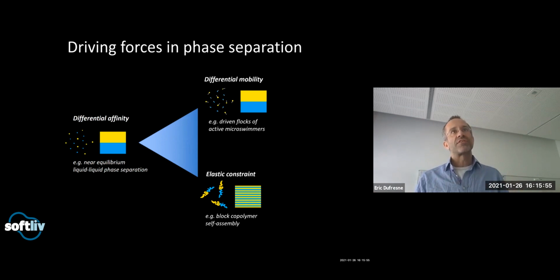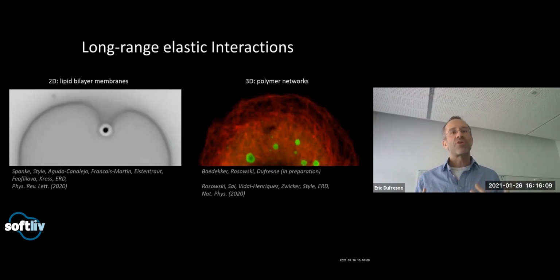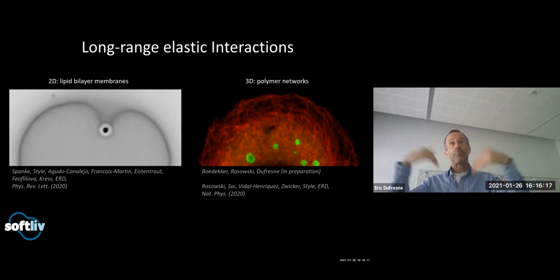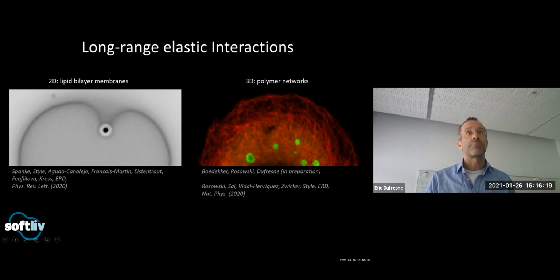Now, building off this idea from de Gennes that elasticity can be important in phase separation, most of us have focused on what I would call short range elasticity at the scale of molecules. But what I'm really interested in is how long range elastic interactions, supramolecular, continuum scale elasticity, can couple into phase separation.